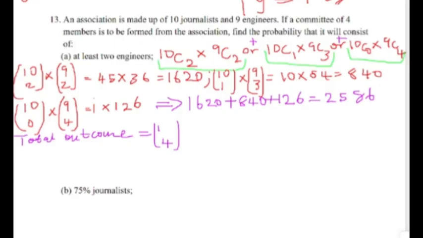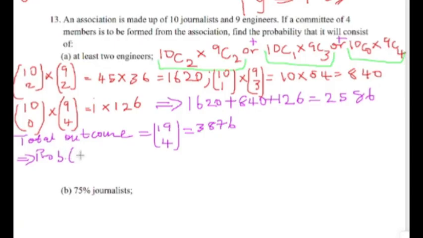So we're going to do 19 combination 4, and we get 3876.